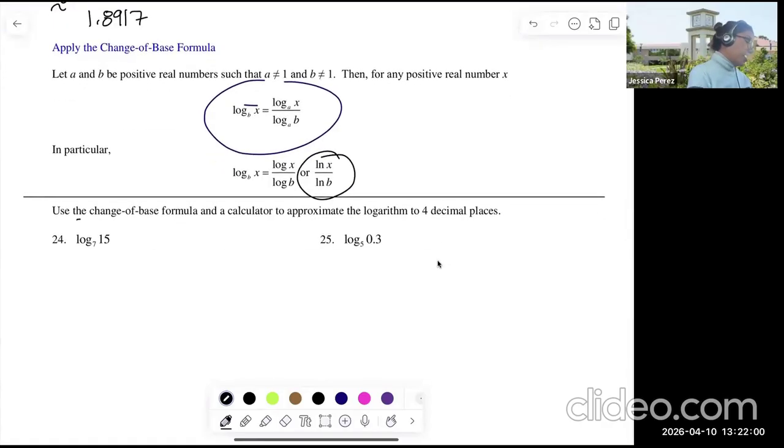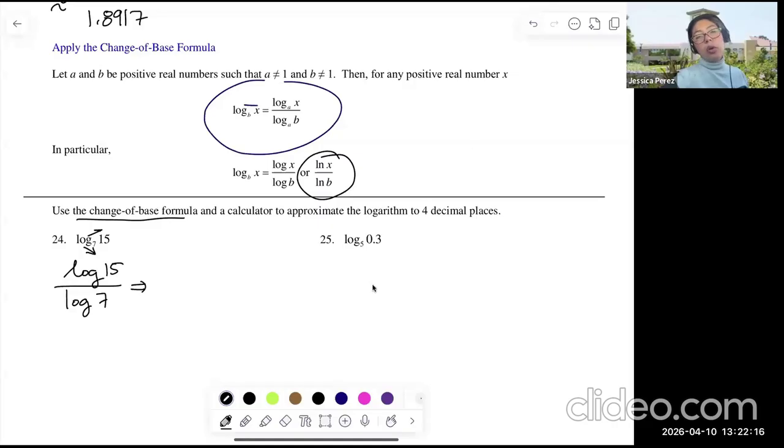If we use the change of base formula, we have log of the big number, which is 15, over log of 7. Log of 15 over log of 7. Here we want to use our calculator, so please go ahead and open it up. You want to round to 4 decimal places. I'll give you a few seconds to do that. And that's approximately 1.3917.